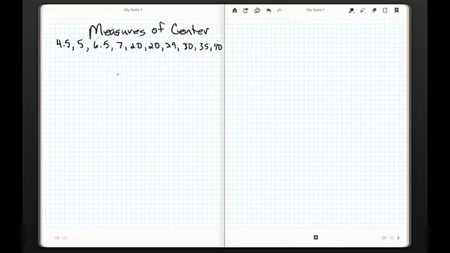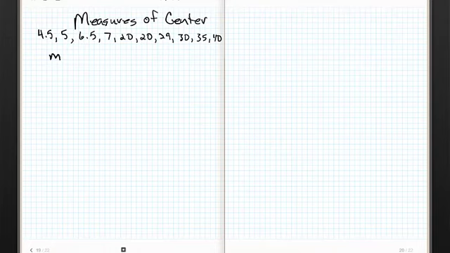All right, let's talk about the measures of center that we're going to discuss today. The measures of center are the mean, which I'm sure you know what it is. It's also referred to as the arithmetic mean. Arithmetic mean, they're the same thing. Or you'll sometimes hear this referred to as the average.